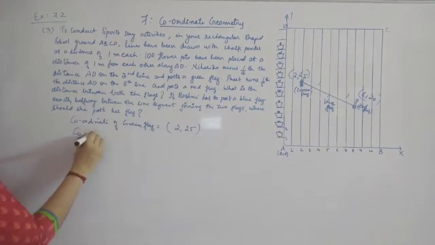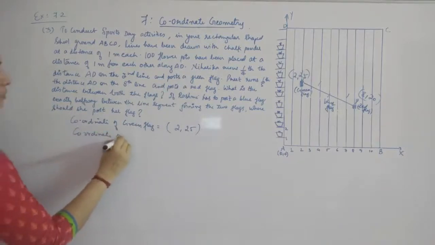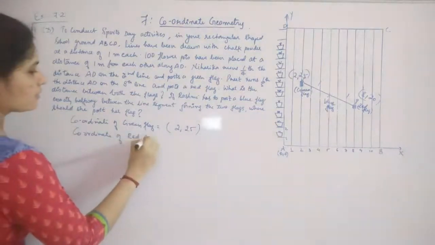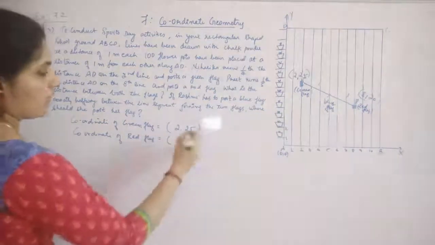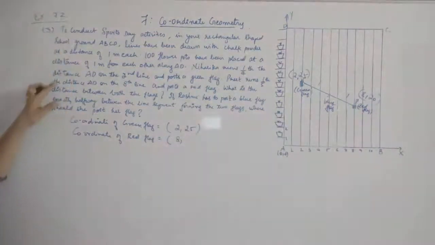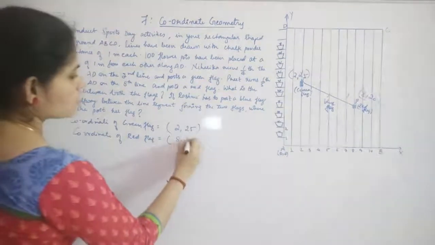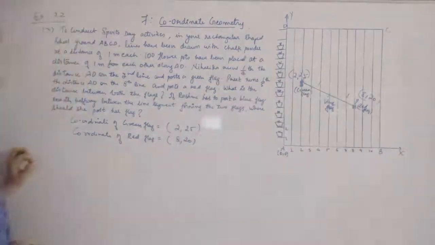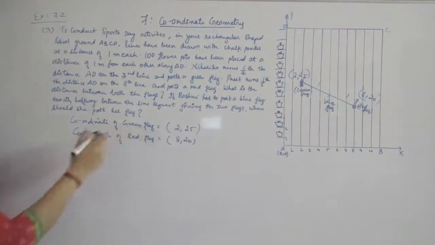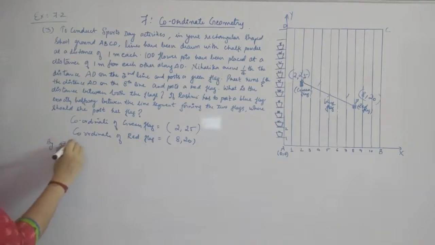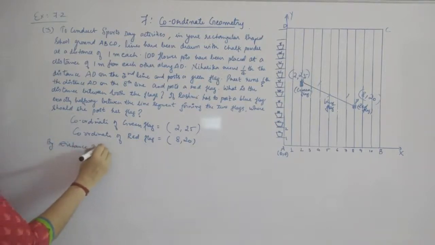Now the coordinate of the red flag will be 8, again 1/5 of AD. So it is 1/5 of 100, which will give you 20. So these are the two coordinates which you are getting. Okay, now you have to use the distance formula. According to your distance formula, what is the distance formula?